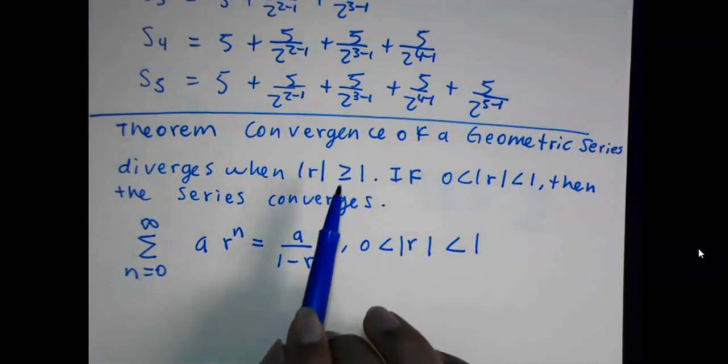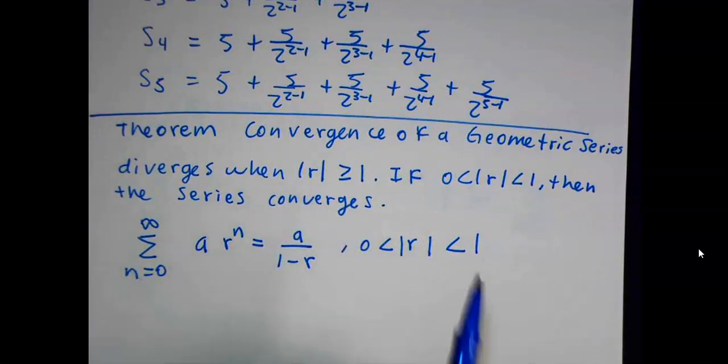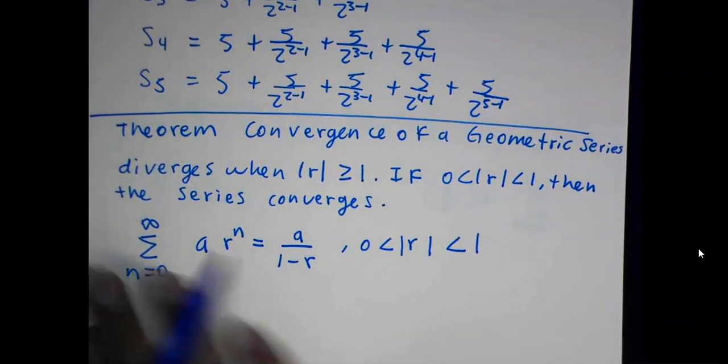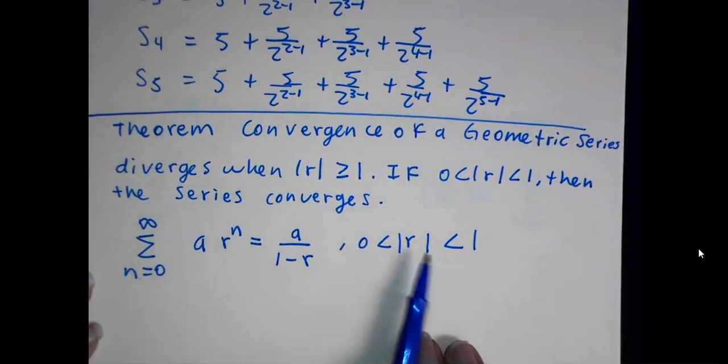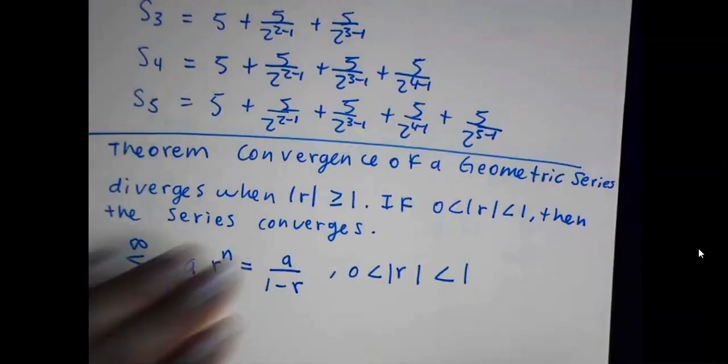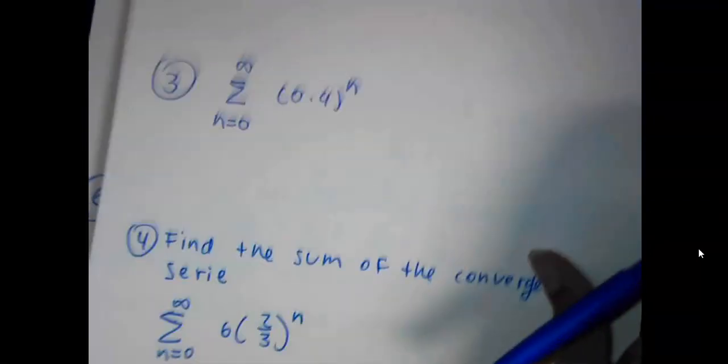If r is greater than or equal to 1, it's going to be divergent. Convergence means that we can find the sum. Even if it's infinity, there's a sum. So this is a formula we're going to be using if r is between 0 and 1. Okay? So let's get started.